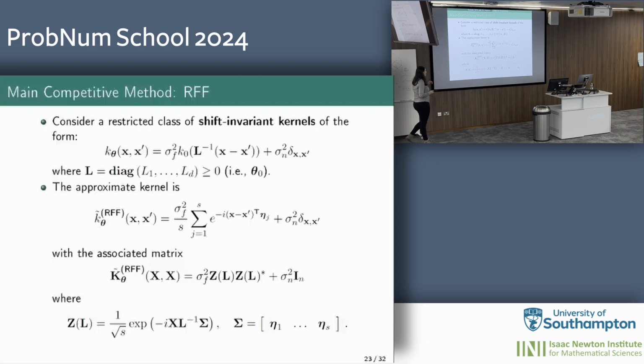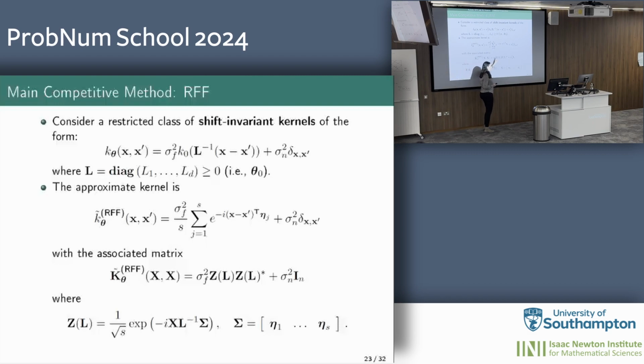Now when I want to write down the matrix approximation according to this method, I don't have this diagonal in the middle. If you try to write it down explicitly, you will see that all the hyperparameters are inside this matrix Z, which is very similar to the previous Z that we had.